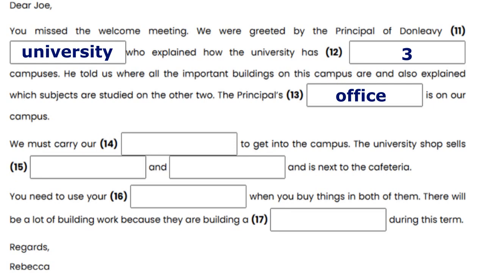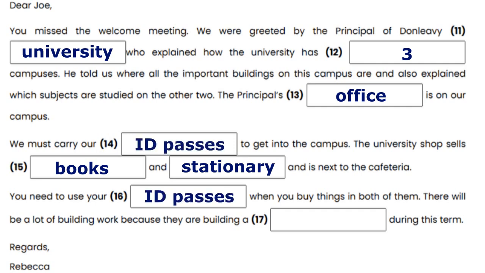The meetings take place at 1:30 every Tuesday, so please stop by. 2 other important buildings are also located on this campus, the cafeteria and the on-site shop. You can purchase all the required books and any stationery you need for your courses at this shop. Please bear in mind that even though you have shown your ID passes to enter the site, you still need to use them again to buy anything in the shop or cafeteria. This is for security reasons.